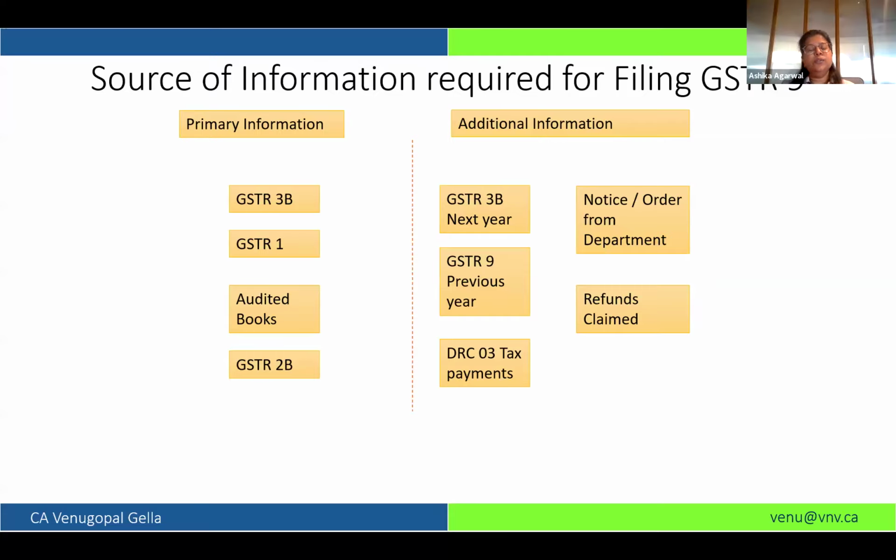Then the other two mentioned are demand notice or order or refund claim, which is additional information, though optional for reporting in GSTR 9, but this additional information will help you identify if any lapses are there. See, when we start with our 9C, we have to identify what is my book turnover. Out of that book turnover, what is my GST turnover? And after coming to GST turnover, what is my taxable turnover?